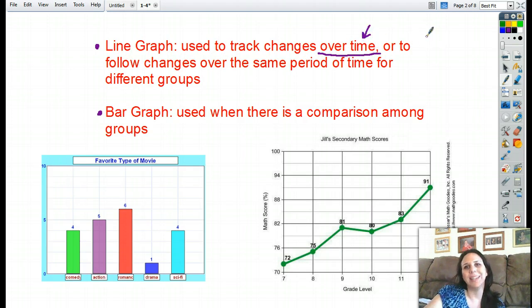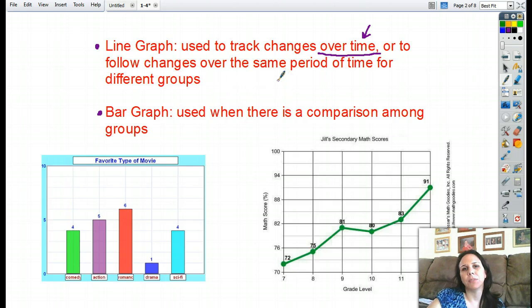Anytime you have dates involved or time, like how long it took for something to grow, or something that happens year after year after year, or the monthly rainfall in an area, those types of things, a line graph would be good. Or you can follow changes over the same period of time for different groups.